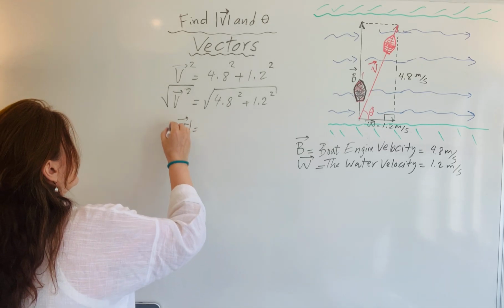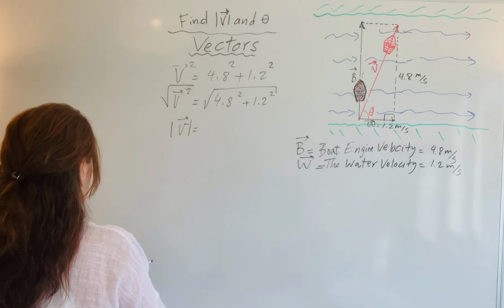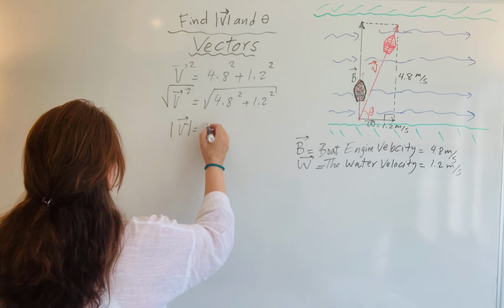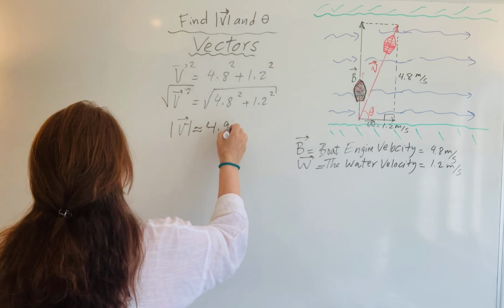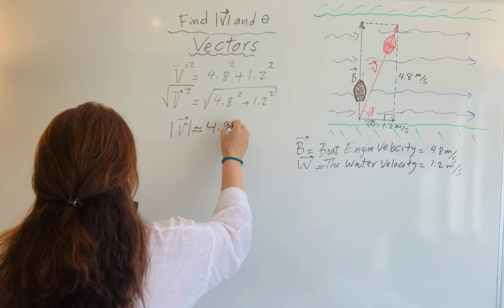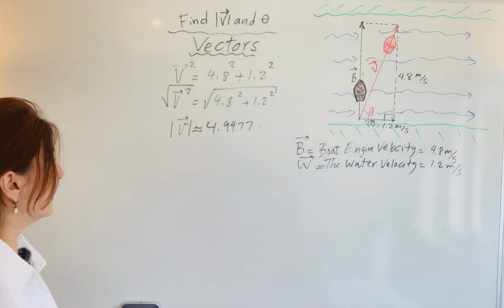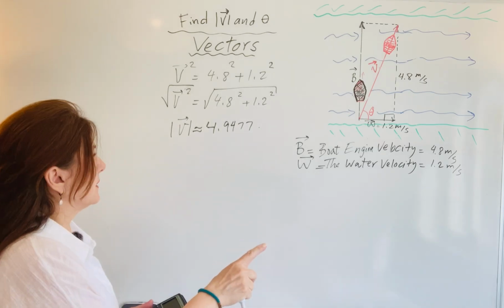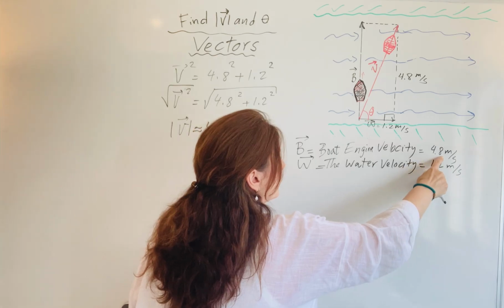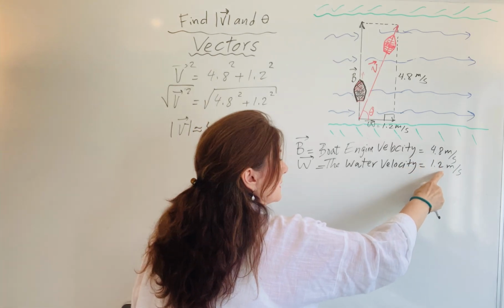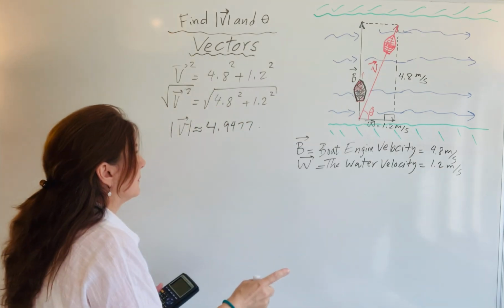This is the magnitude, and it is 4.9477 something. But just use this one. We need one decimal because the problem gives us one decimal. In physics, when the problem says one decimal, you use one decimal.